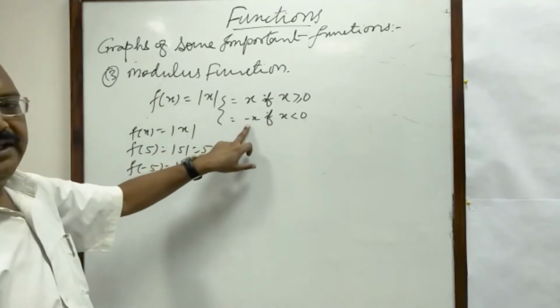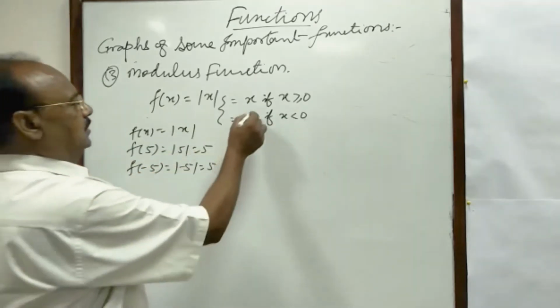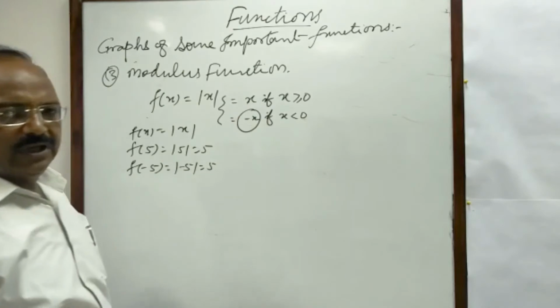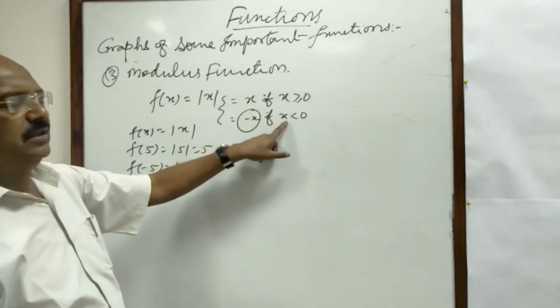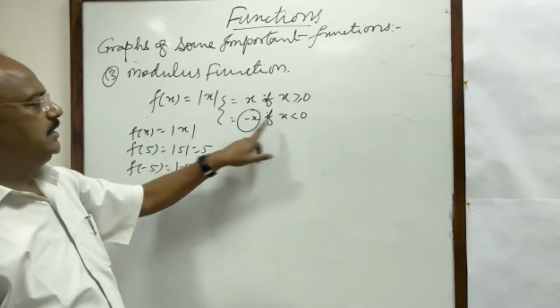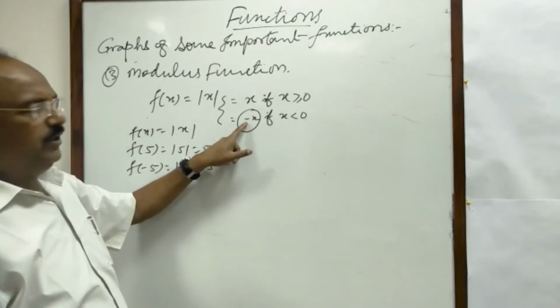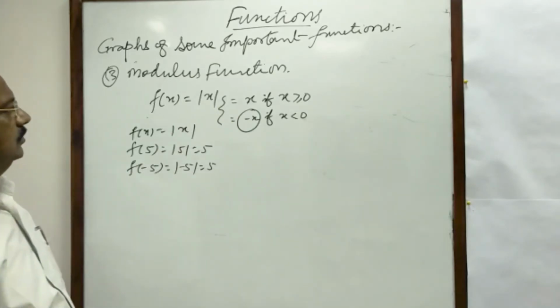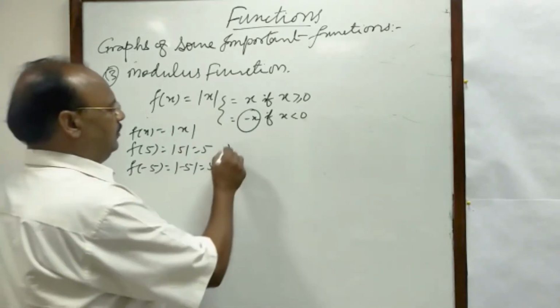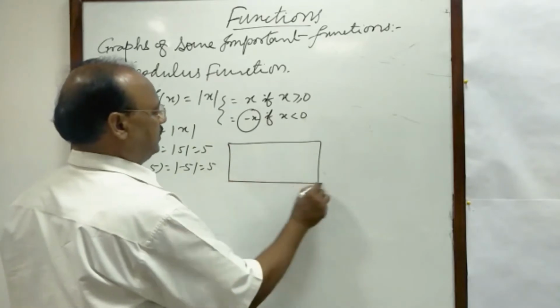Why this minus sign? So that this minus x becomes a positive number, because x is less than 0, so x itself is a negative number. That's why we put a negative sign here to make it a positive number. So let us make a small table for x and f(x).